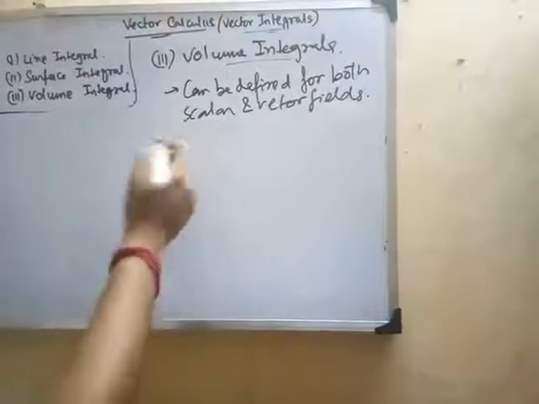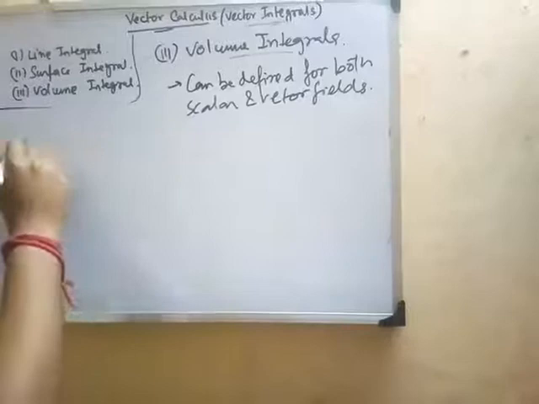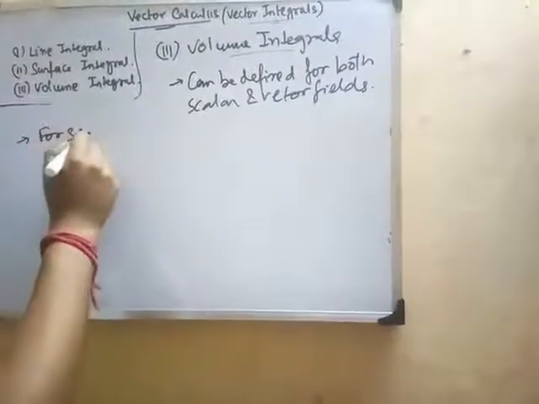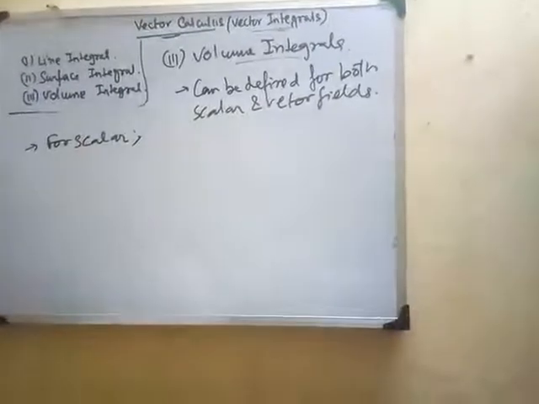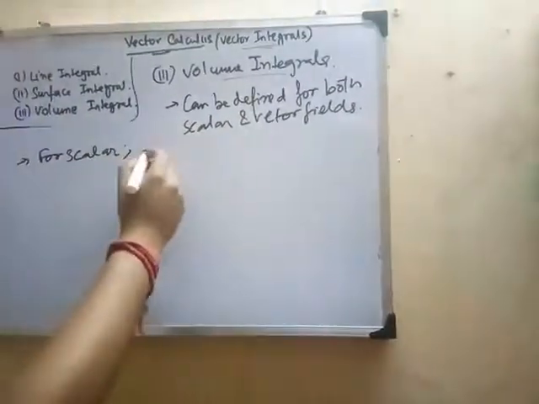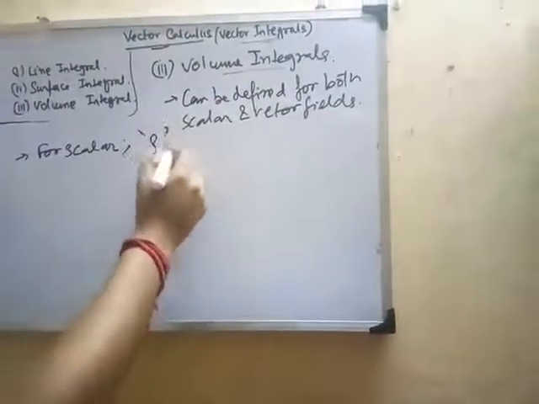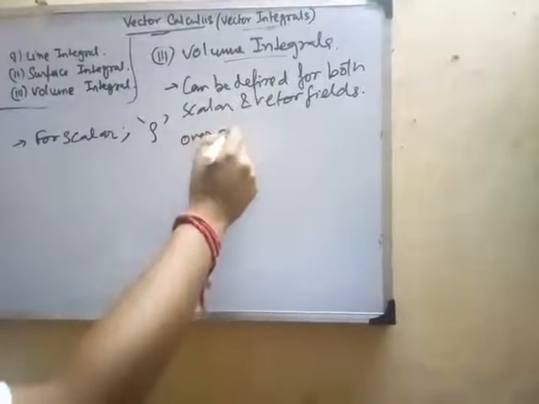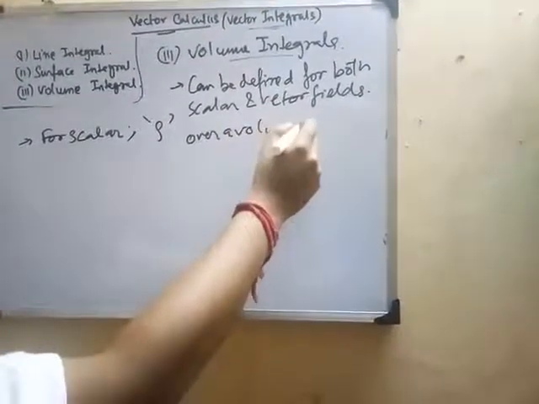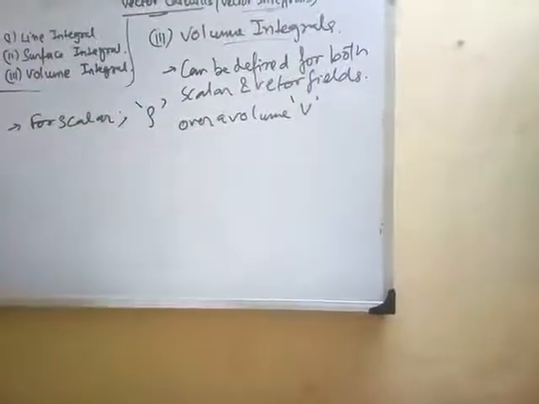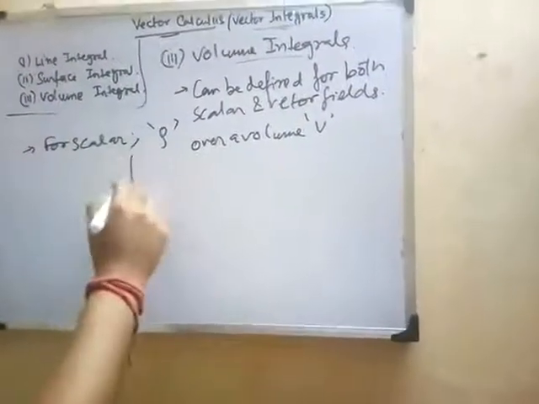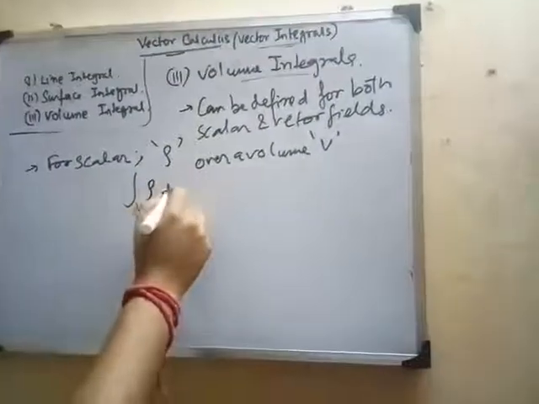So let us write one by one. For a scalar, suppose we consider any scalar field rho over a volume V. We can write this as the volume integral of rho dV.